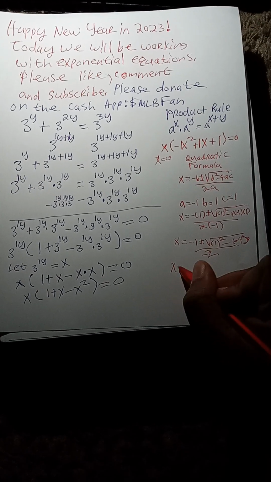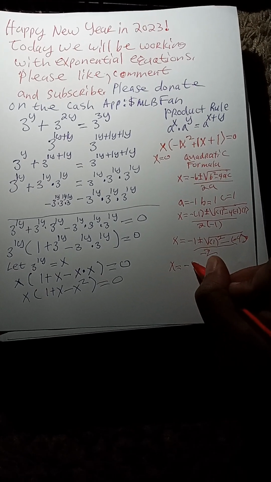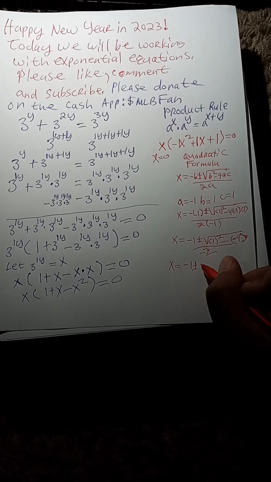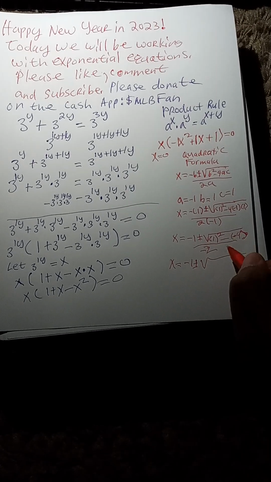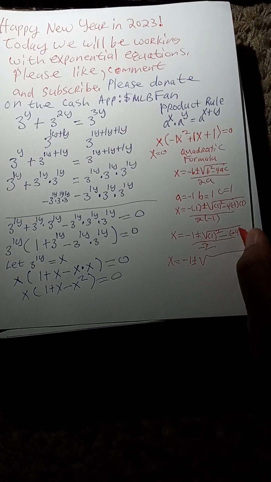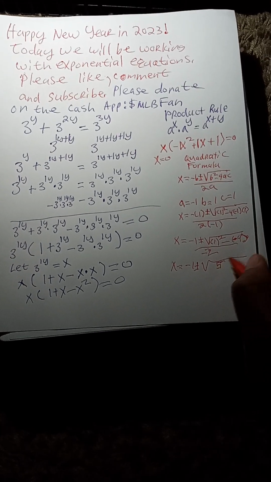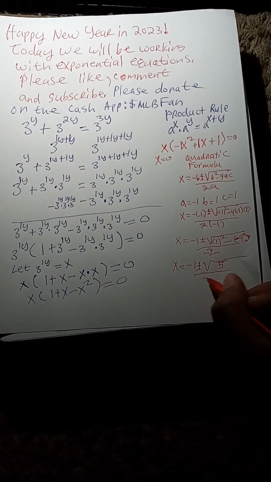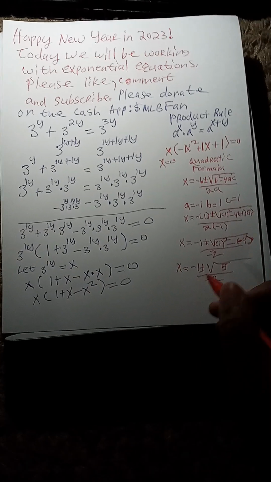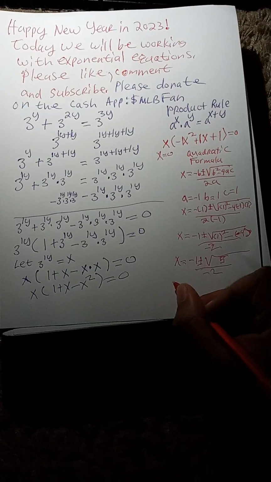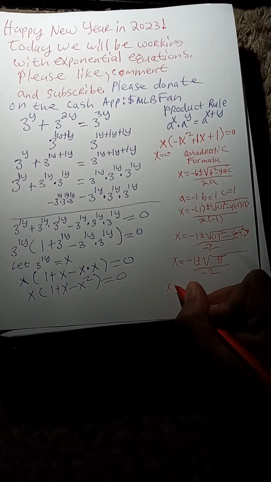So x is equal to negative 1 plus or minus the square root of 1 squared minus a negative 4, which will equal 5, divided by negative 2. And then we want to distribute the negative to the numerator.